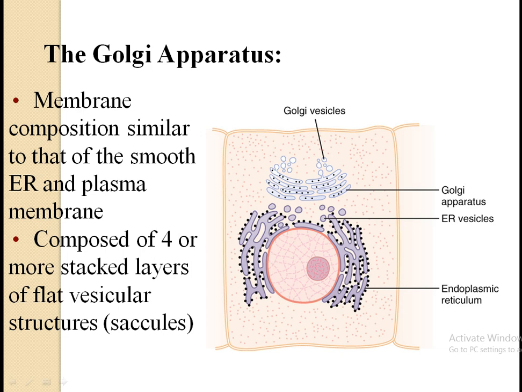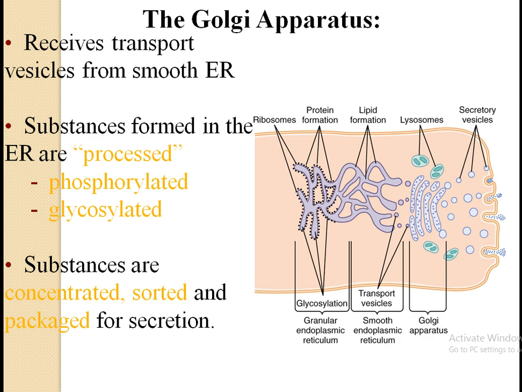You can see that the vesicles from the endoplasmic reticulum are coming to the next structure, the Golgi apparatus, and these are the layers of the Golgi apparatus, after which the vesicles are formed. You can see that the packed vesicles come in contact with the membrane, and from there the substance which is formed is excreted out of the cell.